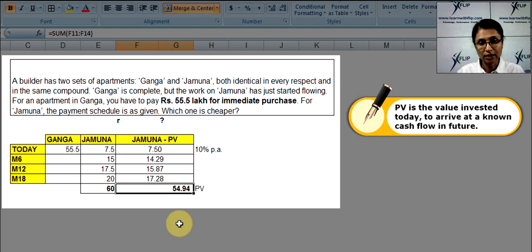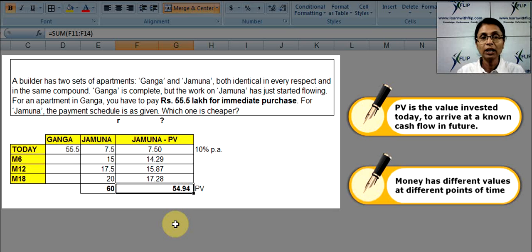And second, and that will lead us to our next concept, which is NPV, that money at different points of time has different values. If you want to compare a sum of money 1 year from now and a sum of money 6 months from now, you can't do that unless you bring both of them to the present. That is, unless you discount both of them.